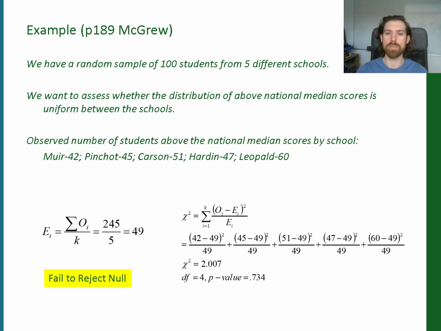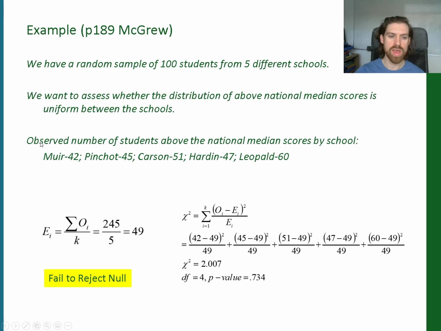If there is, that means some schools are performing better or worse than others, and we may have to design a program to intervene, so that good schools can continue to do what they do, but the schools that are underperforming can be brought up to meet that national median level, or broadly that level.